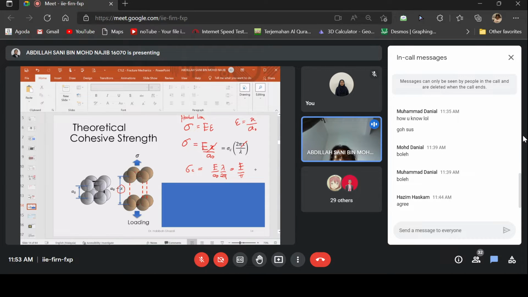I'm sorry, you have to change a little bit in the PDF that I have given to you. The final answer you have to change a little bit. I'll tell you where. E over pi lambda, lambda over 2.